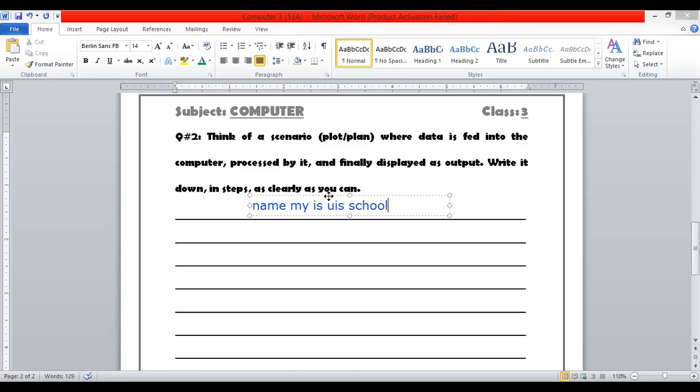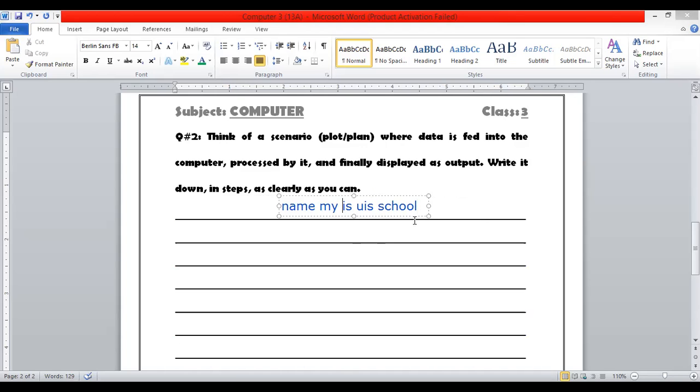So this is the English sentence. Right now, if you read this sentence, it will not generate any meaning, but we are humans. We can pick up what this sentence is saying. But when we type that sentence in the computer, it will show that you typed the sentence wrong.